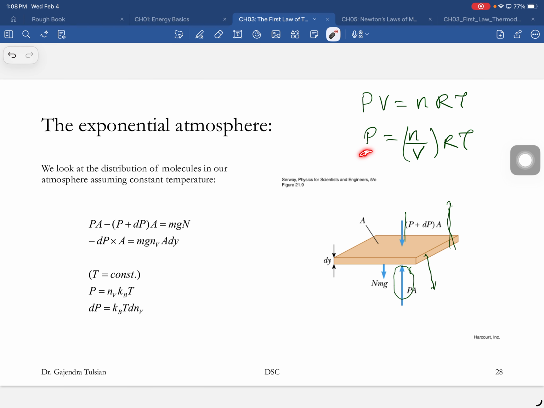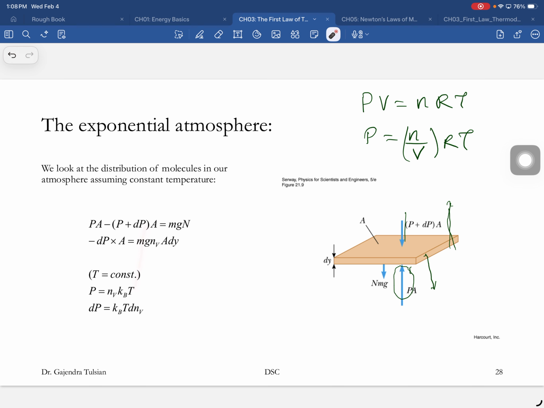The pressure at the top is lower. The temperature is the same, we have assumed. So that must mean the density of gas is less at the top. So there are fewer molecules at the top that are hitting it less frequently. So that's what's going on. As you go up, the density of air decreases, and that's what's holding this thing up.